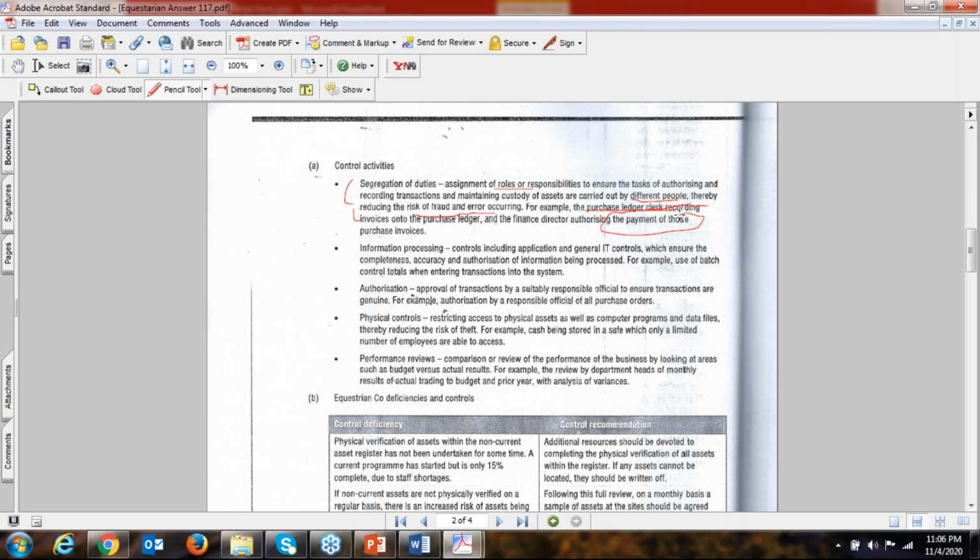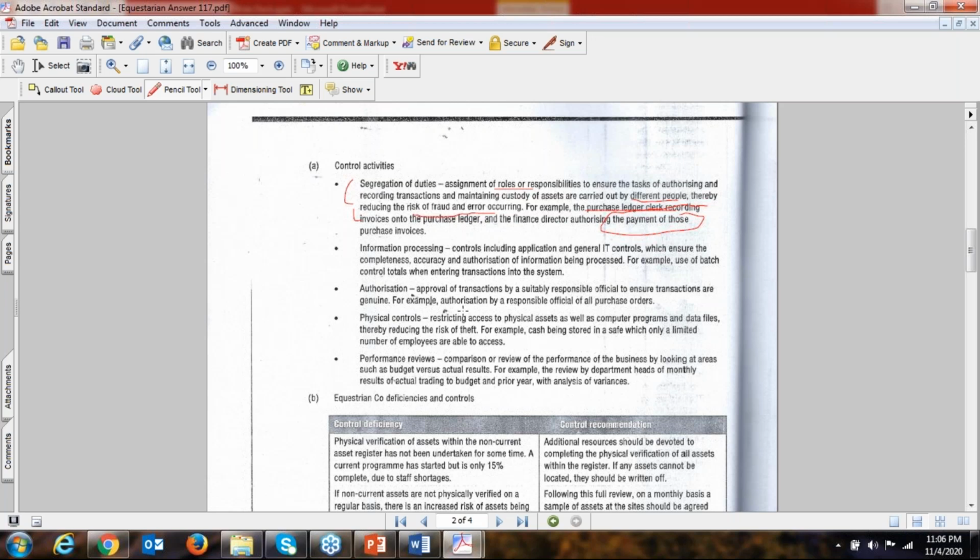So the second control activity is authorization, the approval of transactions by a suitable responsible official to ensure that transactions are genuine. So authorization means there is one person who is responsible for the authorization of anything, authorization of the persons, authorization of the invoices.